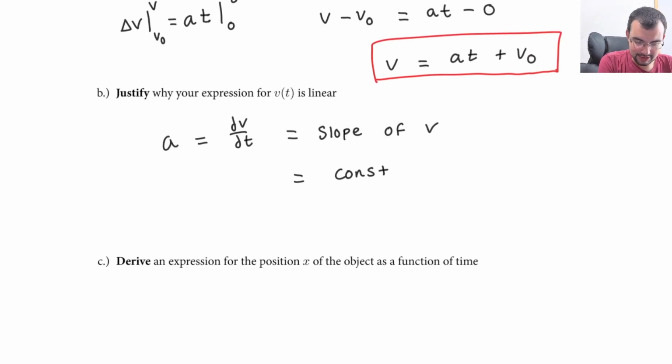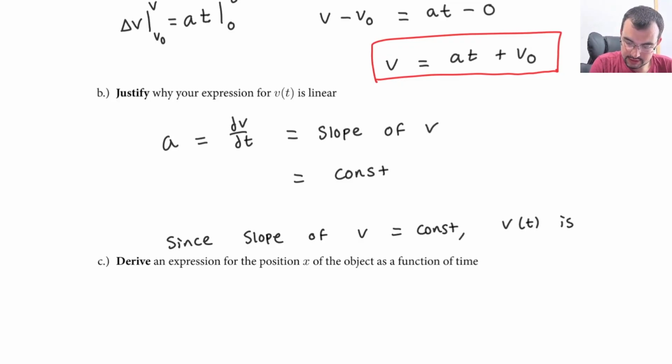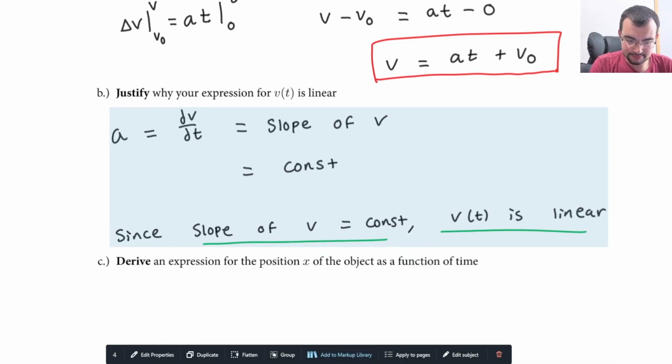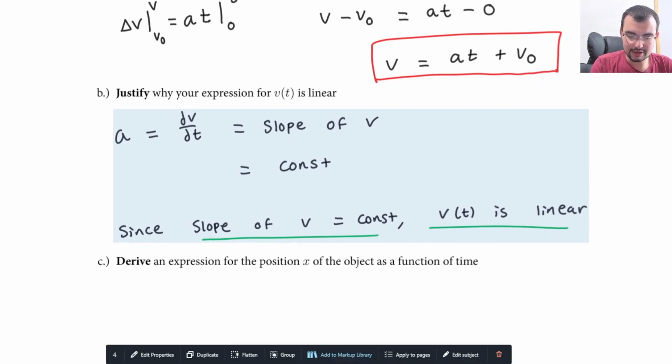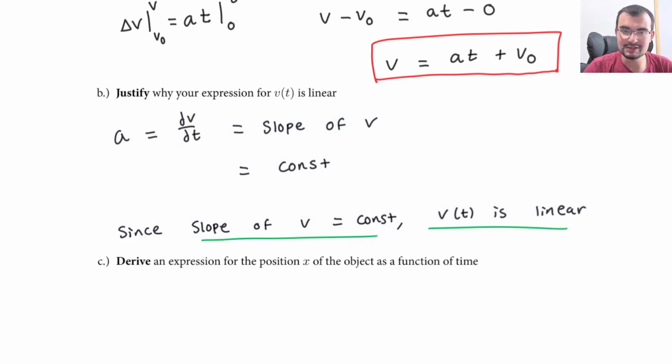So what this means is, since the slope of v is constant, v of t is linear. That's all we are trying to get at here. We could have reasoned that this should be a linear function for velocity, because if velocity is always increasing by the same amount every second, well, that's exactly what a line is.